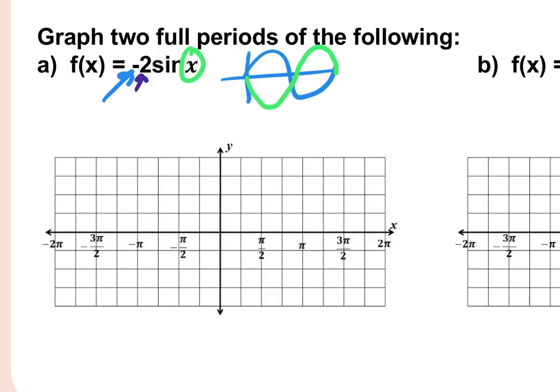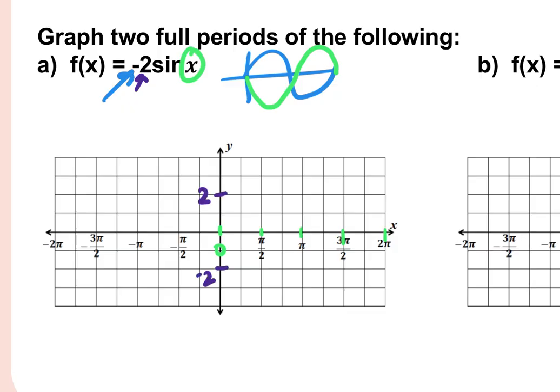So my parent function of sine, the key points are staying the same. This would be 0, 1/2 pi, pi, 3 pi over 2, and 2 pi. The only thing that changed was my amplitude and a reflection. Amplitude is now 2.